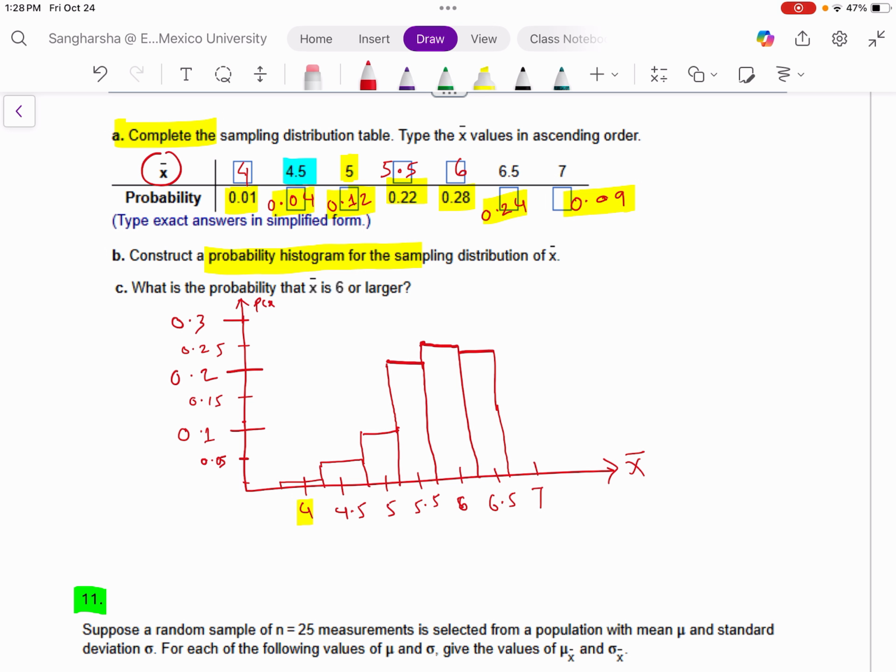This is close to 0.1, smaller than this one. Okay, this is the bar graph.